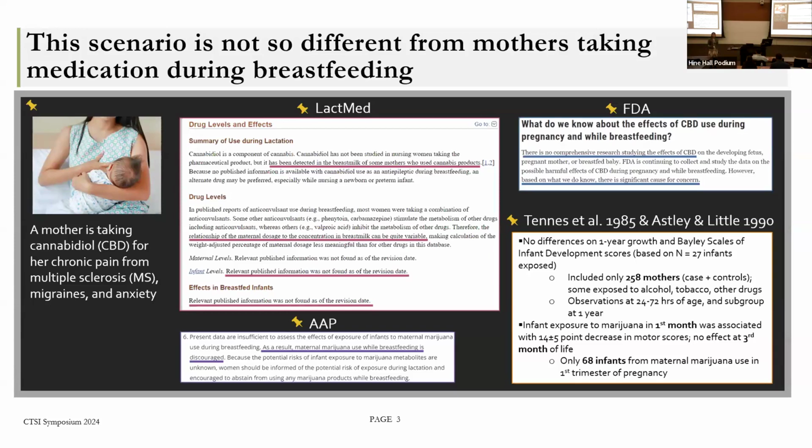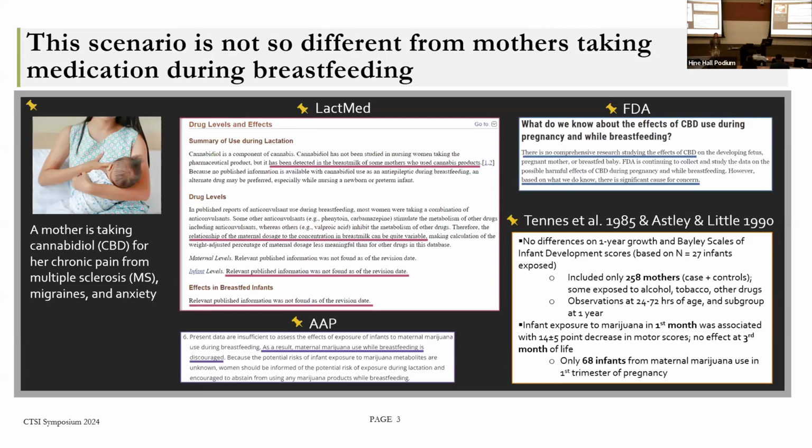So at least we know that it's found in there. But the relationship of the maternal dose to what's found in breast milk is highly variable, and there's no relevant information about infant plasma data. So we don't know anything about exposure to infants. And finally, we don't know the effects in infants either.